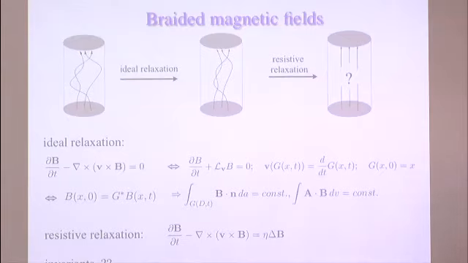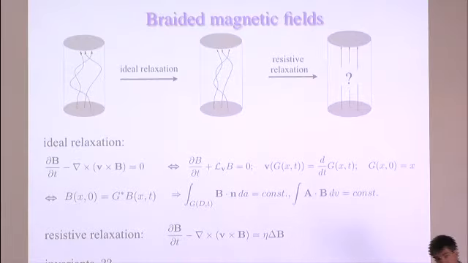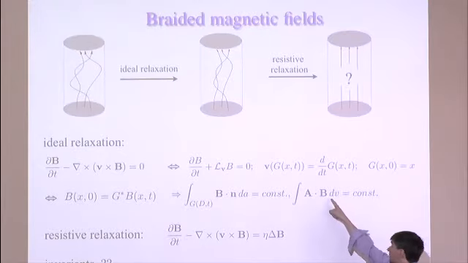And this then implies the conservation of flux, which is essentially Alfvén's theorem, for any co-moving surface, that is, moving with the flow g. And also the conservation of helicity.